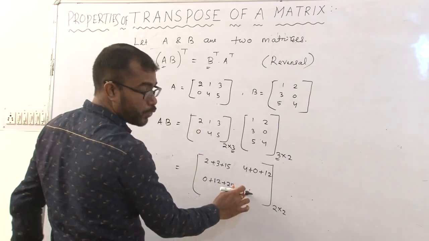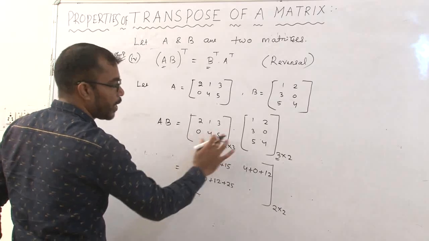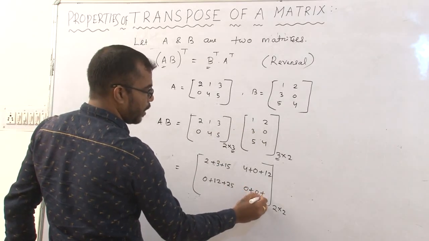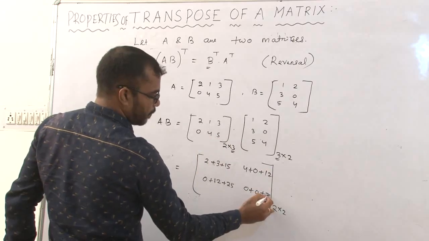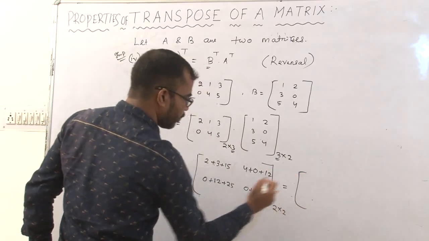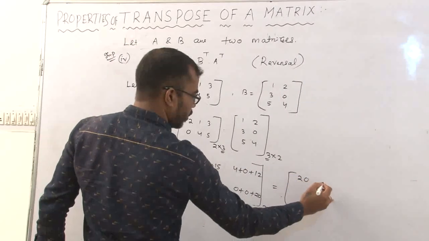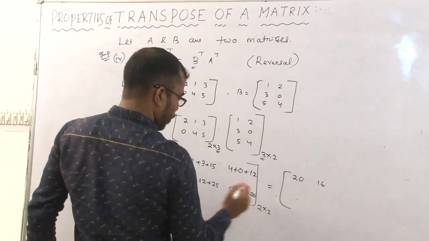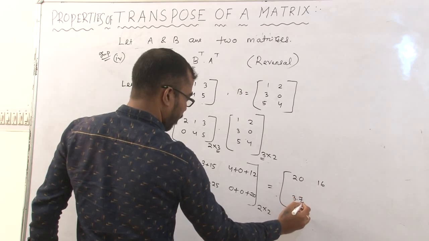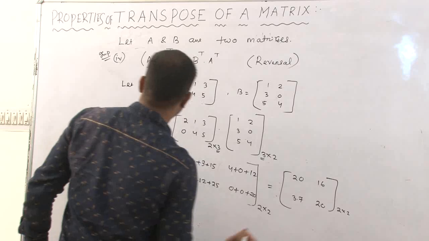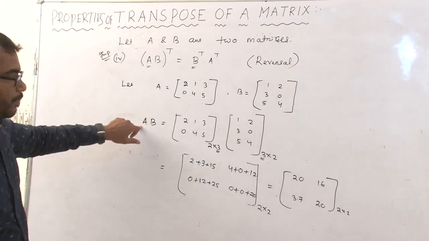Similarly, the position of A22 means second row and second column: 0 plus 20. Now we calculate them and get the result: 15 plus 5 is 20, 16, 37 and 20. That is the result of A into B.